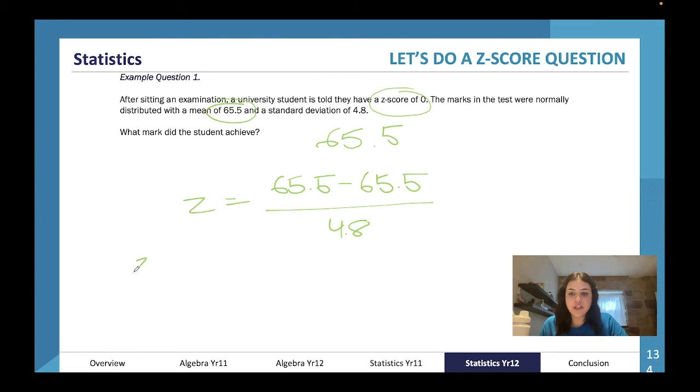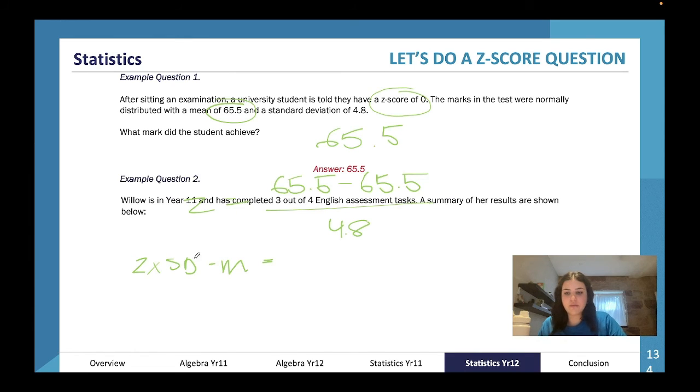We can also rejig our formula and check that we're right by going the Z-score is 0 times the standard deviation, which was 4.8, plus the mean, which is 65.5, and make sure we put our brackets in. And we should get, unless we've rearranged our formula incorrectly, 65.5 if you put it in correctly. Yes, okay. So 65.5.